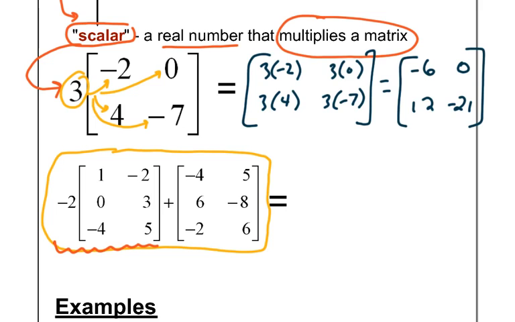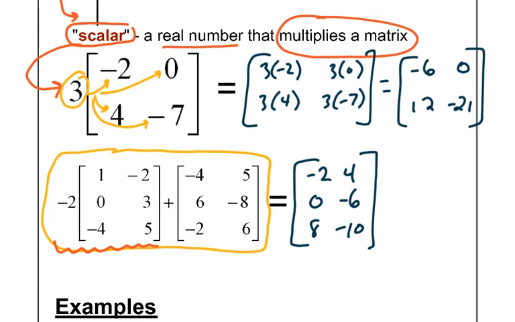Well, let's take it step by step. Why don't we multiply the full first matrix by -2? That would make it -2, 4, 0, -6, 8, and -10. So we multiplied the left matrix by the scalar. Now, we didn't do anything to the right matrix, so let's just rewrite it again.